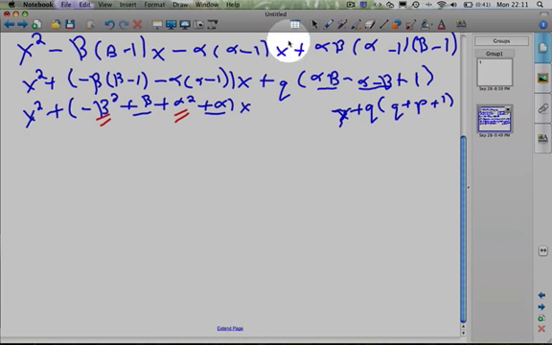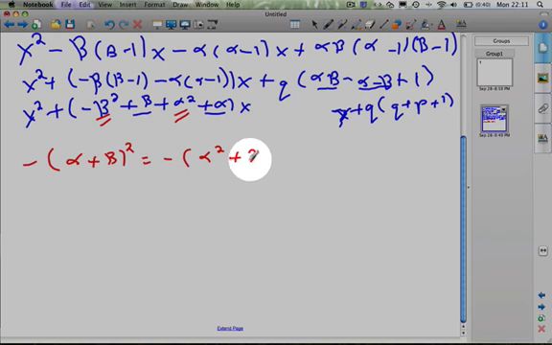Okay, so if we take minus alpha plus beta, we square that, it gives us minus alpha squared plus 2 alpha beta plus beta squared. Okay, now that is not what we're after, right?